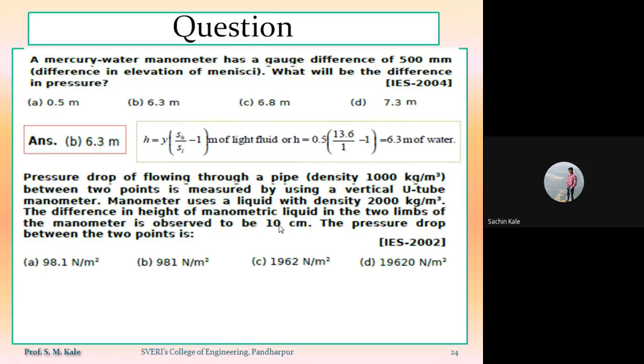Some students are giving the answer as A, some students are giving the answer as B. Unit conversion plays a very important role in competitive exams. Give the answer first.